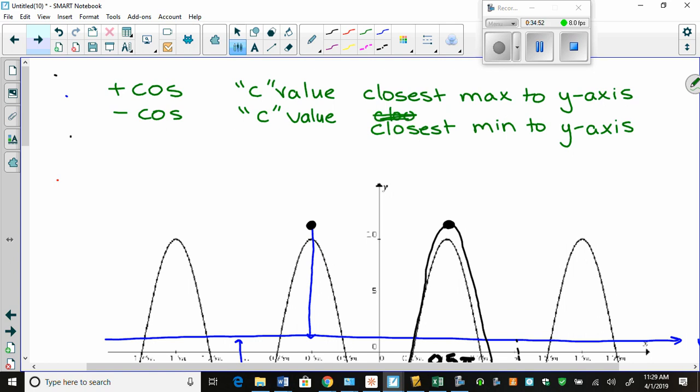Now, 15 is sine graphs, so you're going to do everything but the C value. 16 is cos graphs, you can do the entire equation. All the both positive and negative equations, right? So for 15, you're going to do the whole entire equation but the C value. So you can still do the A, the B, and the D because it doesn't change. So 15 and 16 on page 253.